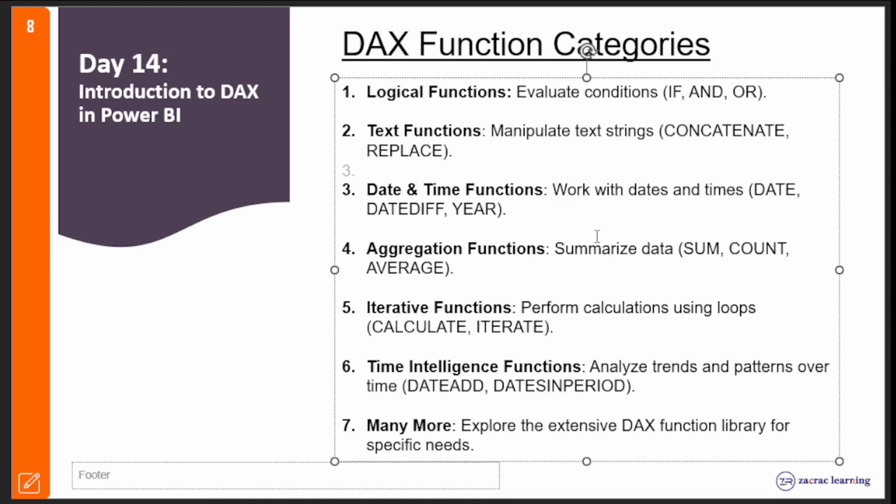Iterative functions that perform calculations using loops. Some of these functions we've seen before; their context is column-wise, so they perform that calculation on a column and return a value for you.